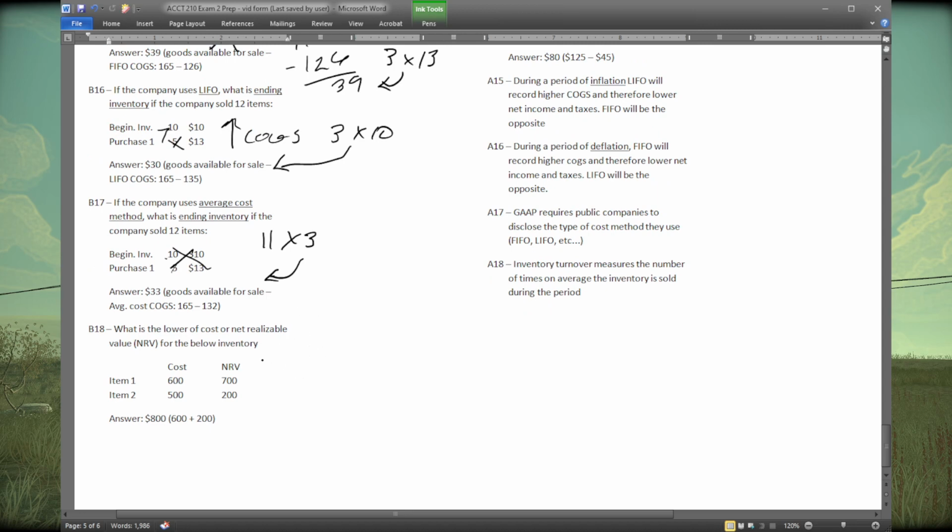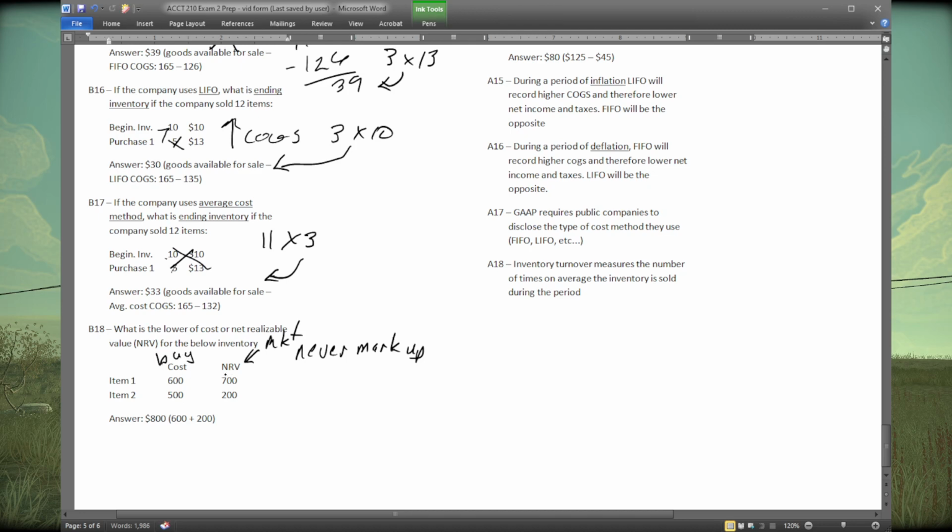The actual working of the problem here is much easier than the rules involved. But all we're basically saying is we never mark up. Think of net realizable value to some degree as the market value. If we bought it at cost, this is what we bought it for.